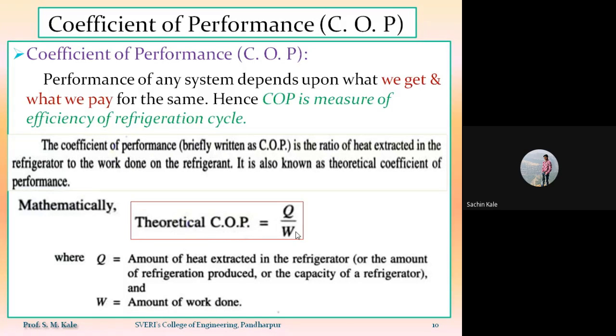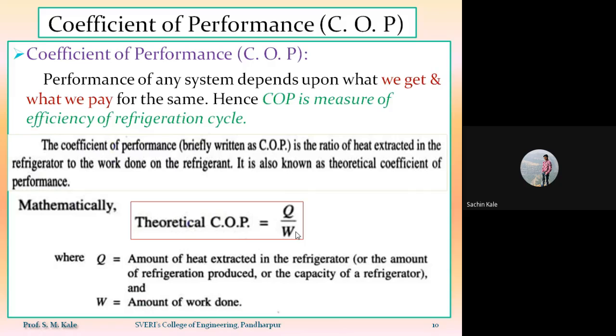Write down the heading coefficient of performance, because here afterwards this terminology is basic terminology. So everywhere you will hear that COP term. So while solving the problem also you require this term. Write down the heading coefficient of performance in bracket COP.